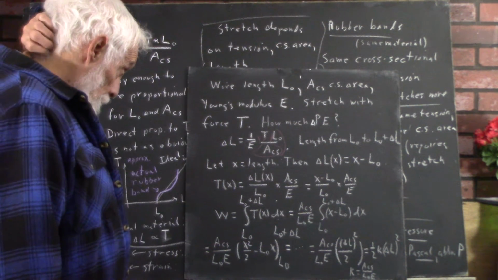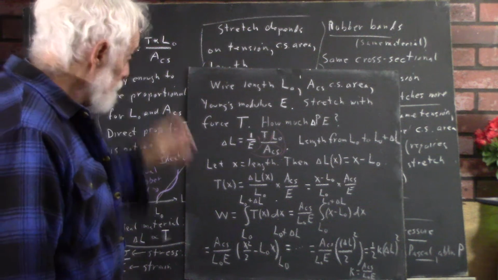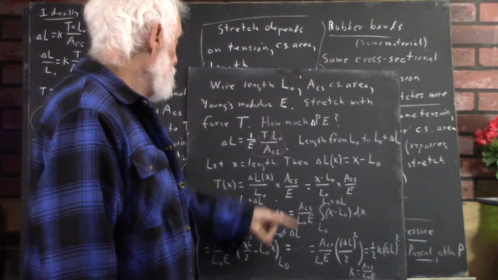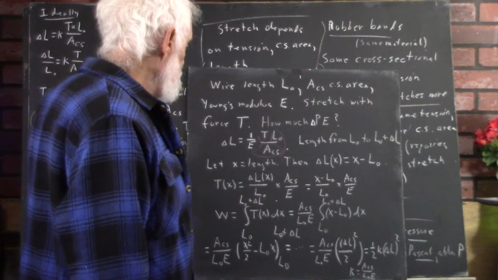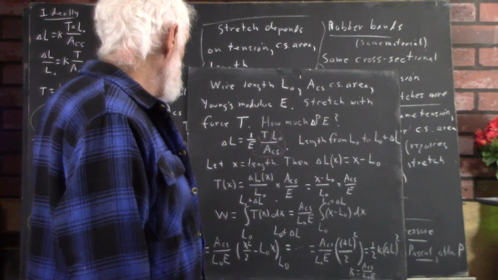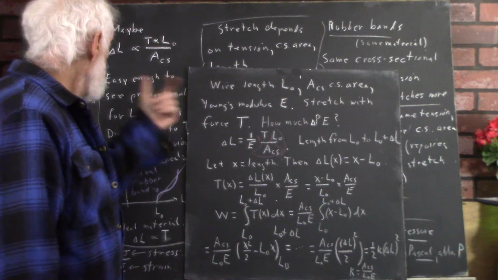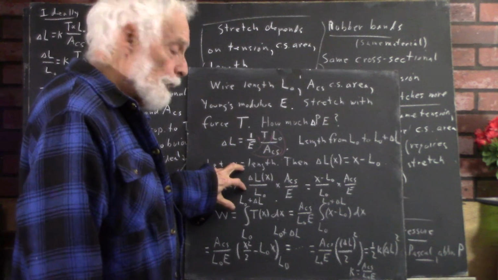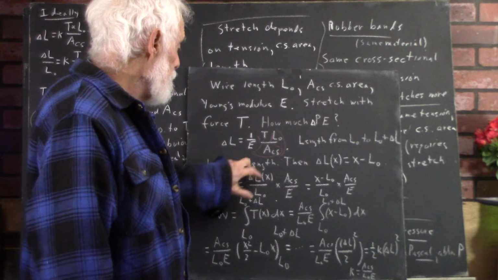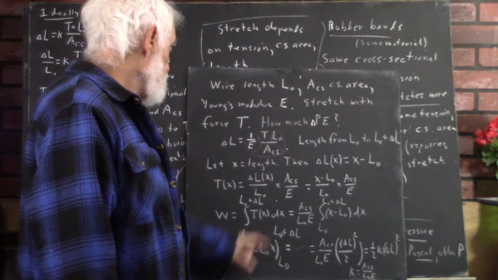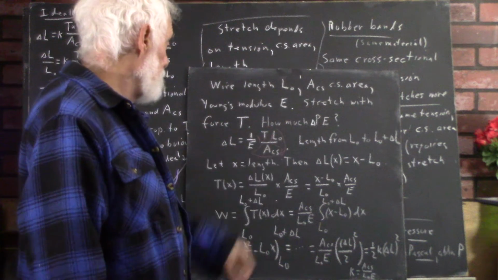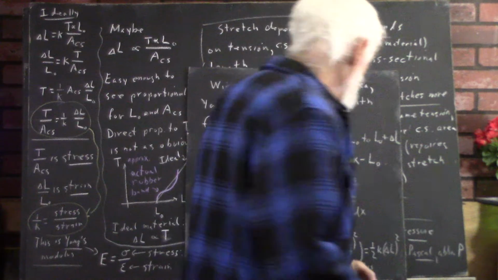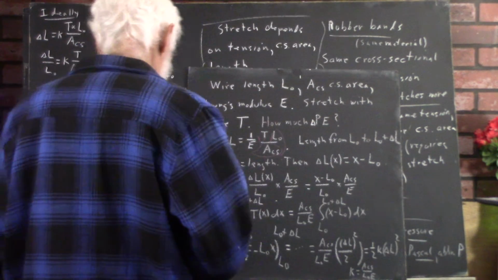Then the tension at length X is your delta L of X over L naught times your cross-sectional area over Young's modulus, simply by rearranging this relationship. It's the stress, the strain at length X, times this. Now, this is wrong because I rearranged this incorrectly, so now I have to do a little correction.